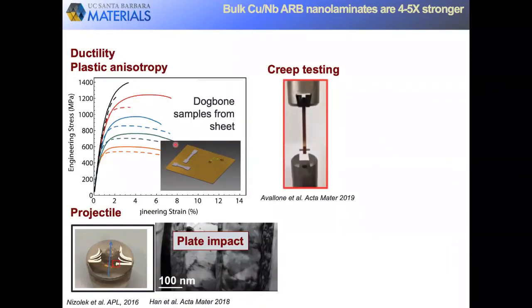At the end of every ARB pass, we have sheet material, and at any point in this process, after any number of ARB passes, we can test the sheet material. We can create dog bone specimens. We can also create cylinders or cubes for compression testing, perform creep tests, even flyer plate tests for shock compression.